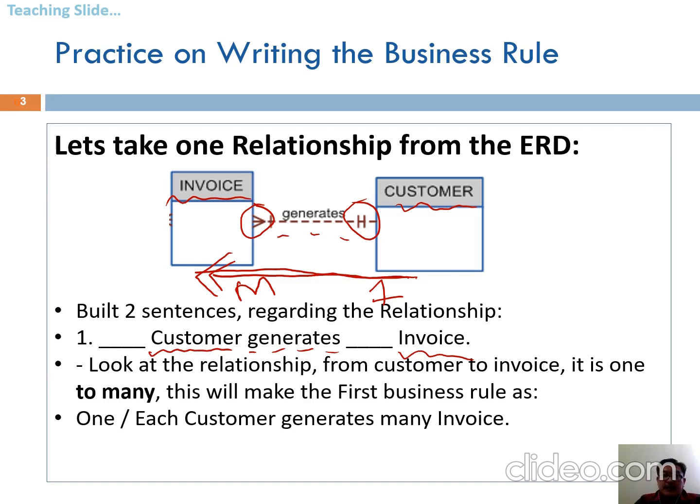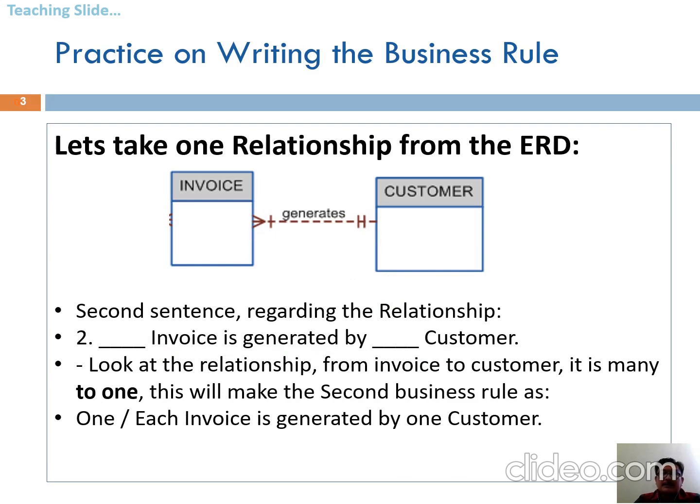Let us look at the second business rule that can be generated through this relationship. We look at the opposite side. Just now we looked from customer to invoice. Now we look from invoice to customer. So here we have the name of the entity: invoice is generated by customer.